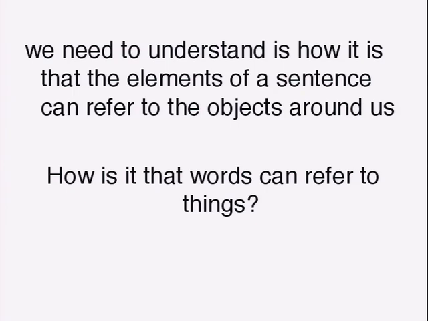So what we need to understand first, this is the strategy, this is the way in, is how it can be that the elements of a sentence, the basic words that you're using, can refer to the objects around you. What sets up that connection? How is it that words can refer to things?